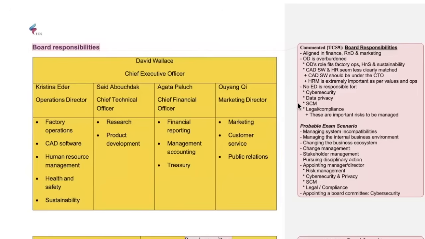And looking at the skills and capabilities as well as the responsibilities of our executive directors, we do not see someone who is looking into cybersecurity and data privacy, which is extremely crucial considering the industry dynamics. Because when we are providing solutions to a commercial client, as I mentioned earlier, we have to implement some type of software, such as a CAD software.